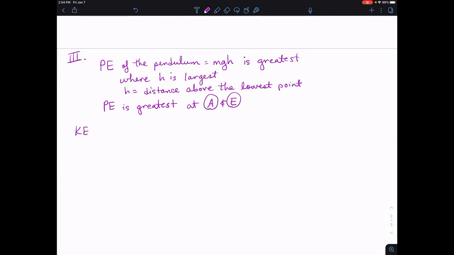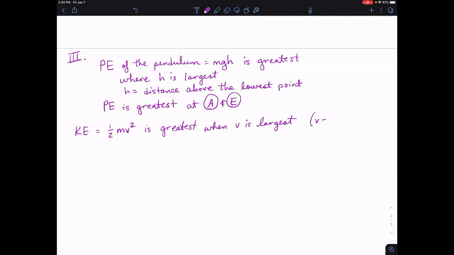Kinetic energy is associated with the motion. We won't ever put numbers in the equation, but just if you want to see it, it is directly related to the mass and related to the square of the velocity. Okay, so that kinetic energy is greatest when the speed is the largest.